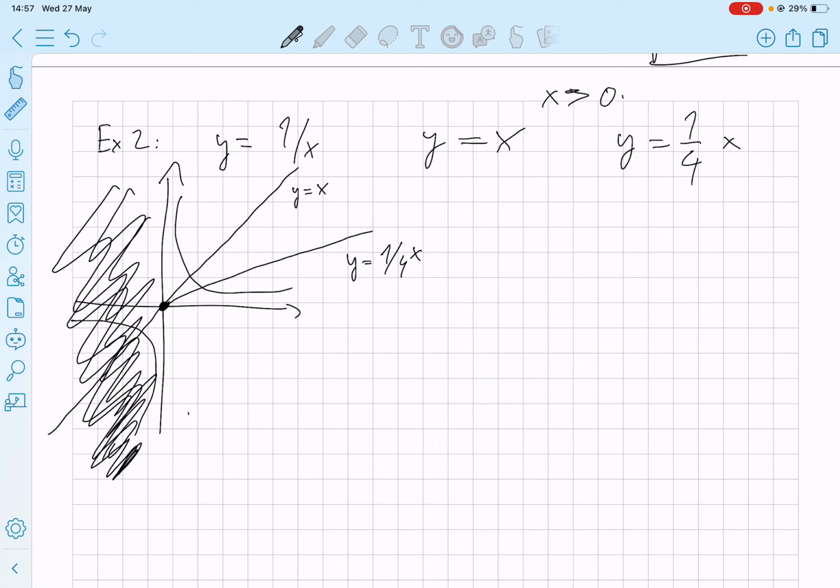Only consider the right side, and the area will be this one. So now the first thing you need to do is find the intersection. You need to find the location of these two dots, so let's do it.